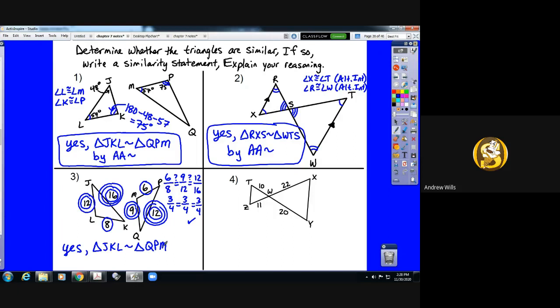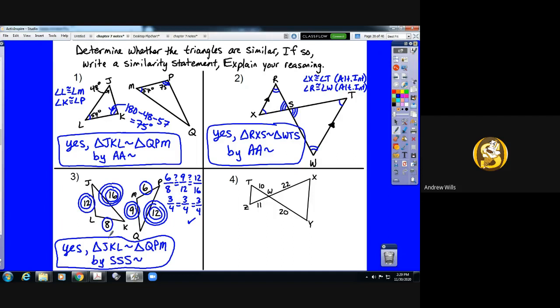So it matches Q, which has the 2 circles and the 3 circles on each side. See what I'm saying? Got to get those matched up right. Because we have shown side, side, side similarity. If even one of those 3 fractions is not equal, then it's a no. They all 3 have to be the same fraction.